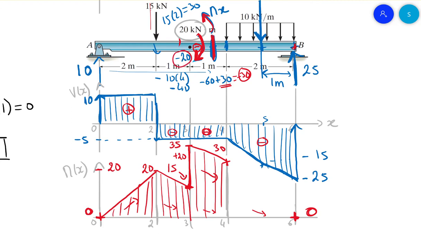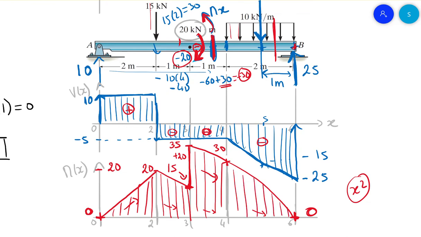Now with the distributed load, because the distributed load is a function of x, this one should be a function of x square, so it should be something round from there to there, like this. We can solve if we cut anywhere using the distance x, but it takes a long time.